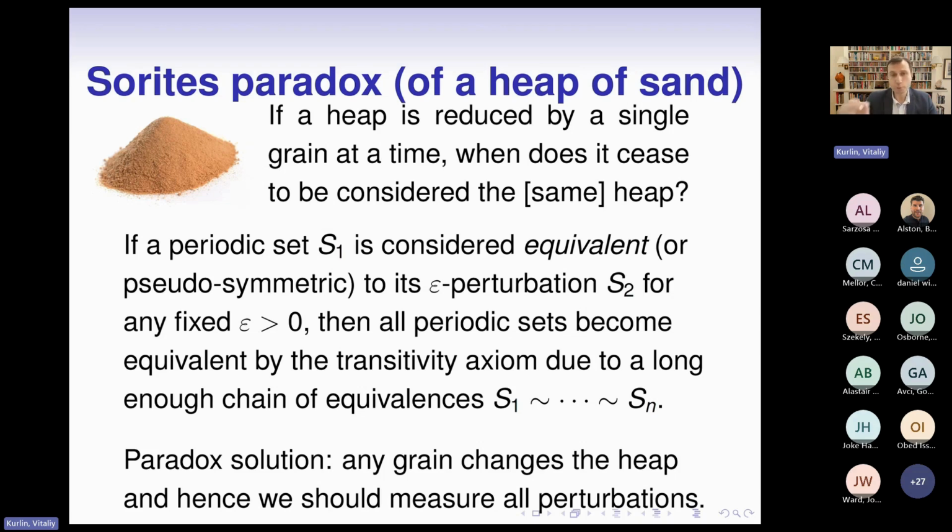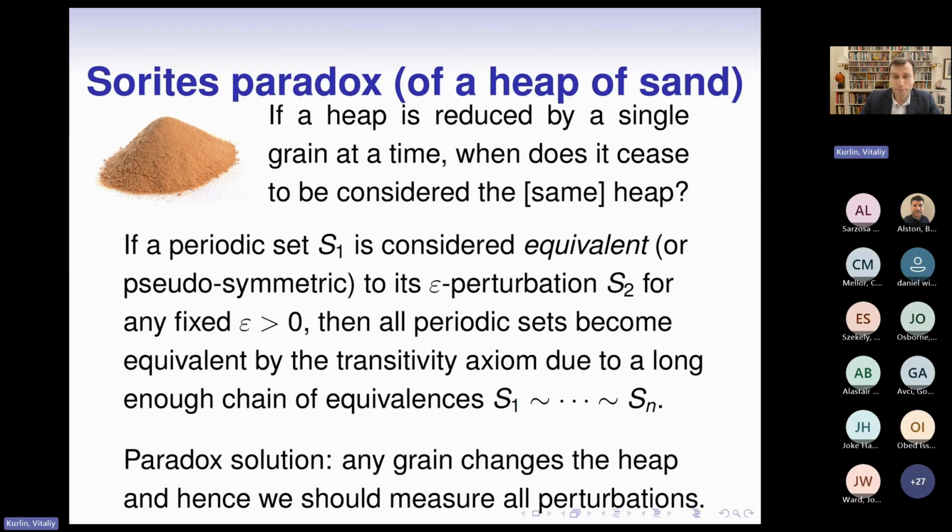If we perturb slightly our atoms, and accidentally a unit cell becomes twice larger, so if we ignore this noise and call the initial set 1 and its perturbation 2 equivalent, or sometimes called pseudosymmetric, for any small threshold epsilon, then by the transitivity axiom of an equivalence, we are forced to say that all periodic sets become equivalent, because we can construct a sufficiently long chain of perturbations, similarly to the heap of sand, making it disappear, and similarly making all crystals equivalent.